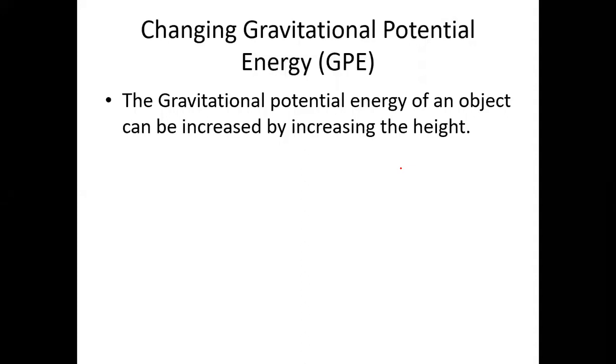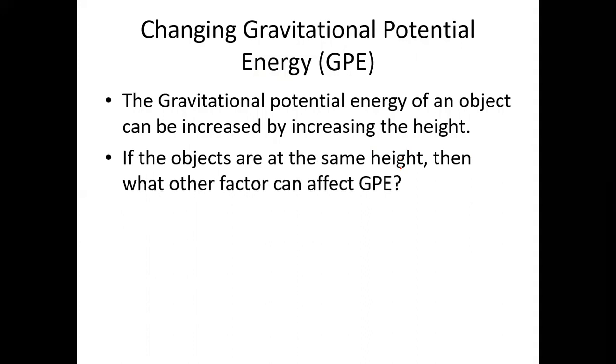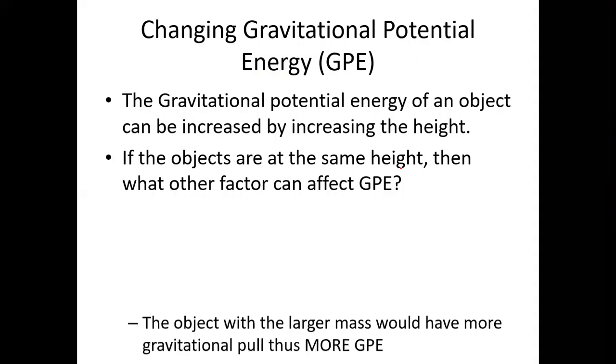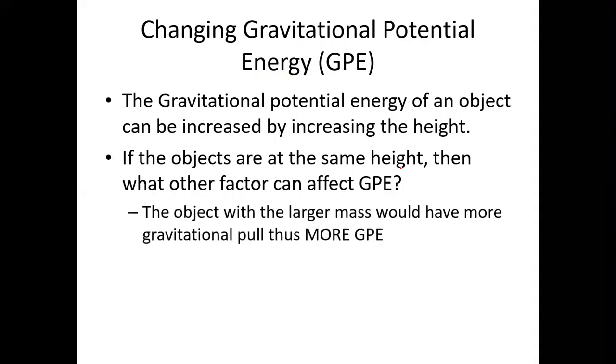How does gravitational potential energy change? The GPE of an object can be increased by increasing the height. If the objects are at the same height, then what other factor can affect GPE? The object with a larger mass would have more gravitational pull, thus more GPE.